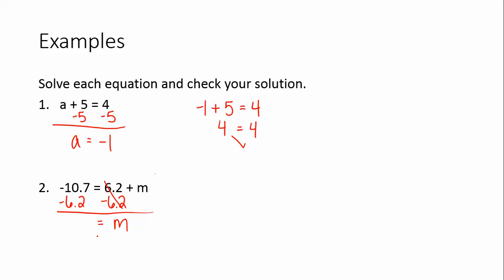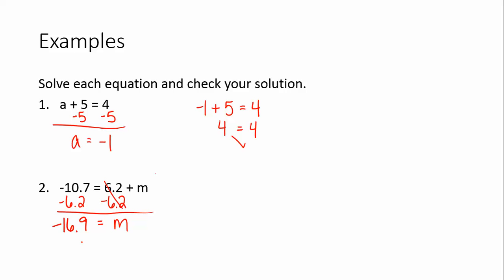And on the left hand side, we have a -10.7 and a -6.2. You could think of it as -10.7 minus 6.2 or -10.7 plus a -6.2. In either case, we need to add those numbers, so 10.7 plus 6.2, and they're negative, so our answer is going to be a -16.9.